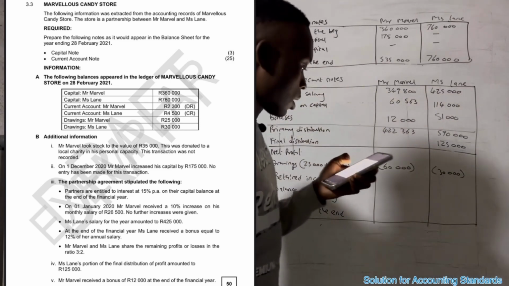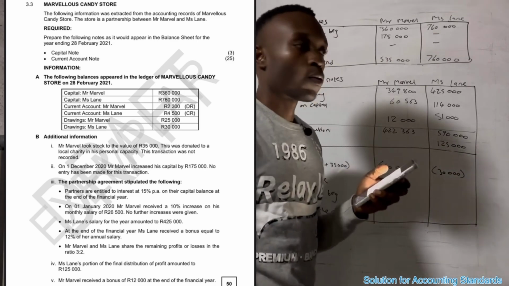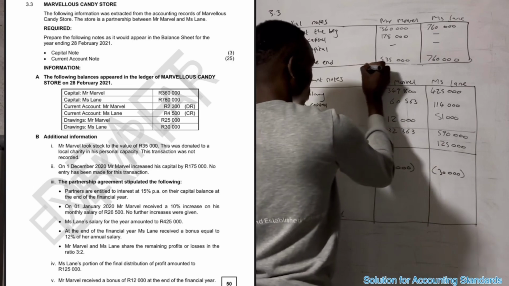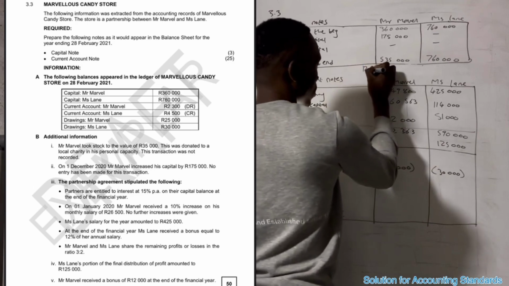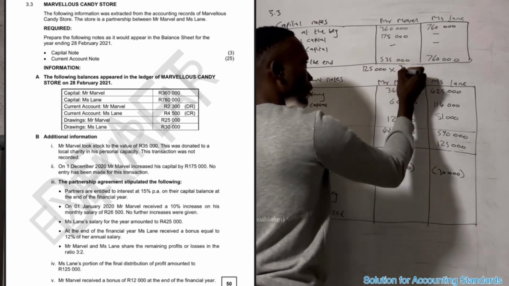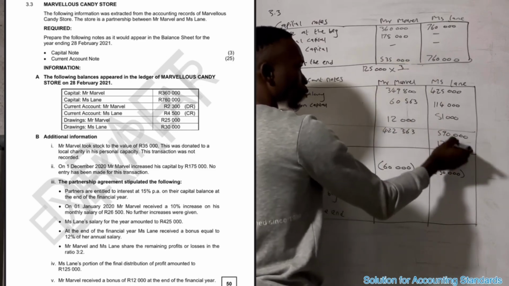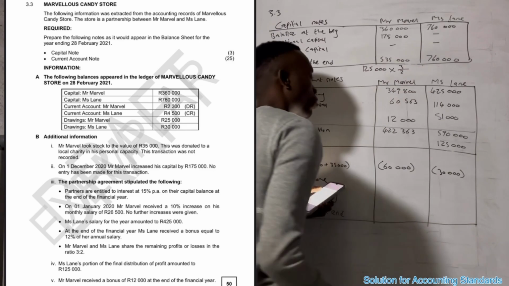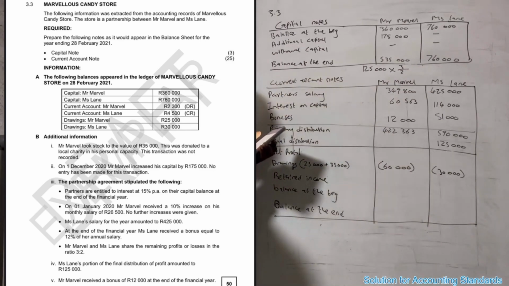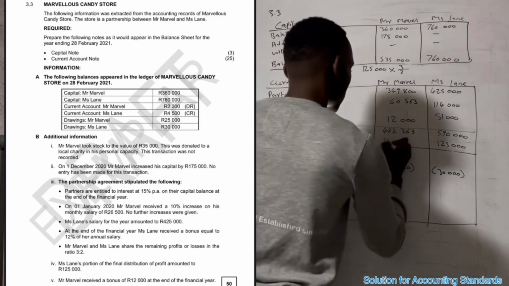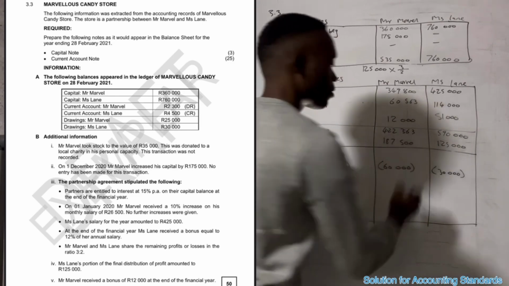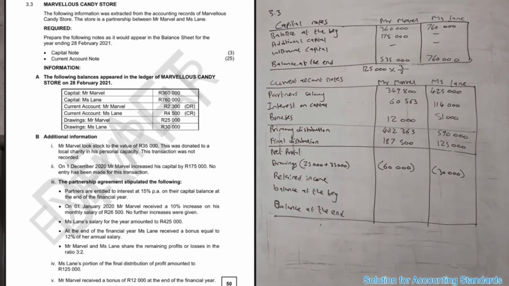Remember, they say that the ratio is 3:2, which means that Lane is going to get 2, and what they give us is 125,000. What we want is 3 for Marvel. What we have is 2 for Lane. Divide by 2, then it's going to give you an amount of 187,500. Very simple, guys.